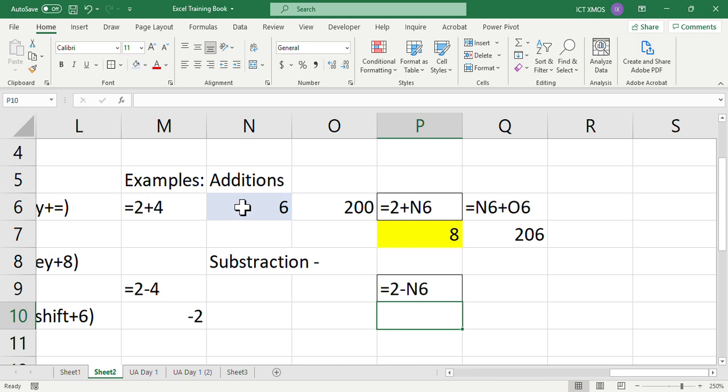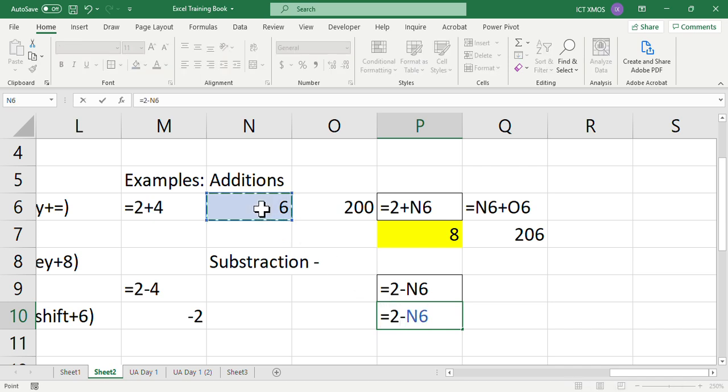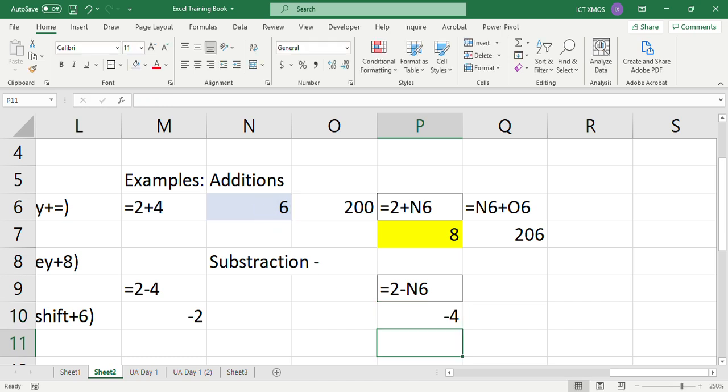So this N6 is here. So we say equal to 2 minus N6. What do we have? Minus 4. Why? Because 6 is bigger than 2. So it would subtract it and be owing another 4. So it's going minus 4.